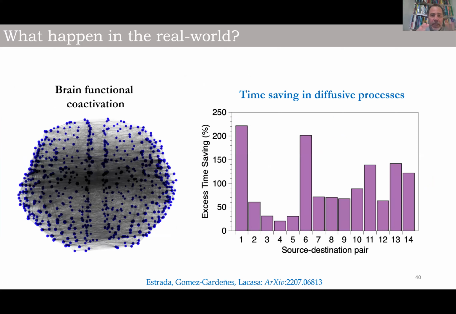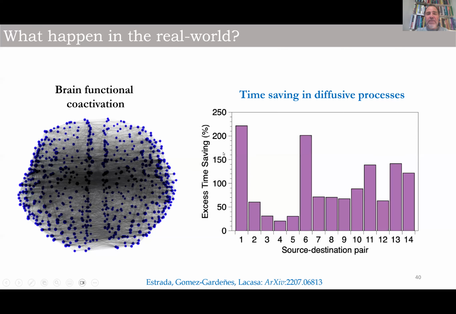So let me illustrate what is happening in this network. This is more or less how the network looks. And here is one example of 14 source-destination pairs that have been randomly selected. And this is the time that is saved by using the shortest resistive path in relation to going ballistically through the corresponding pairs of vertices.